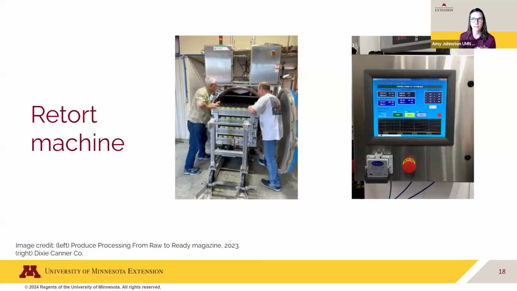So the concept is the same, with the pressure being increased to get that food canned. And the other image is an example of the control panel. In a retort machine, you're going to have a lot more digital control versus just monitoring the weighted gauge or the dial gauge. You can set programming and have continuous monitoring and everything at that scale.